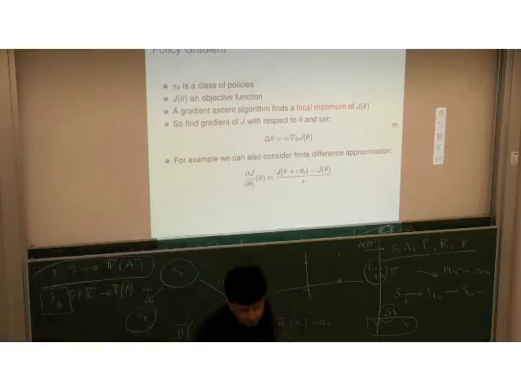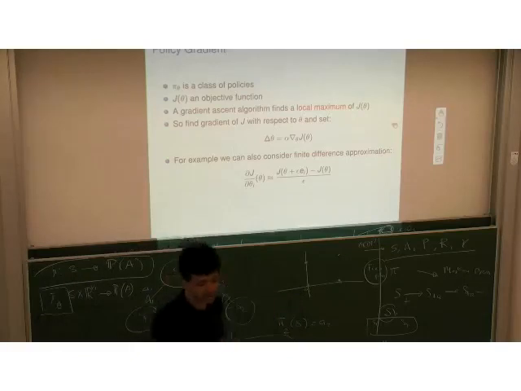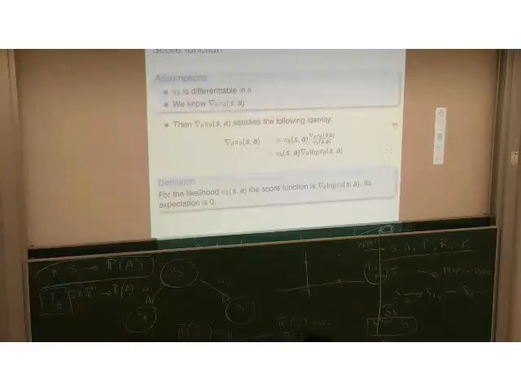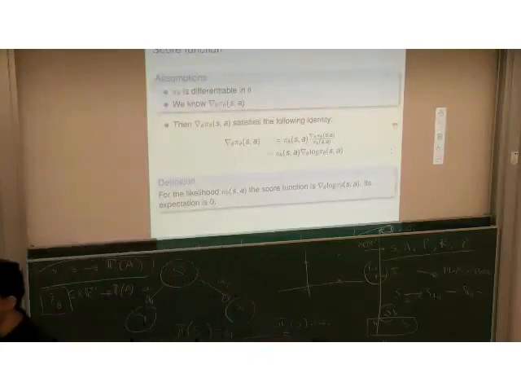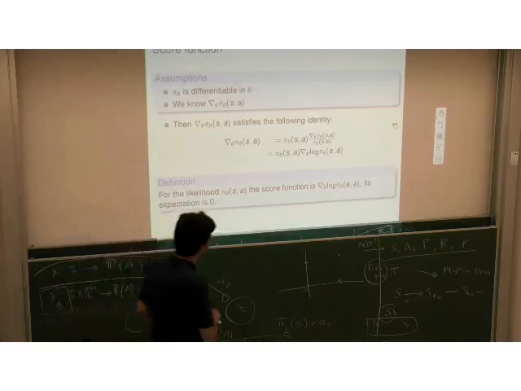Okay, so this is the thing. But now, as you said, the bigger trouble is what do we do with the gradient? How do we compute the gradient of these set of objectives that we want to maximize? What comes handy is this idea of a score function.